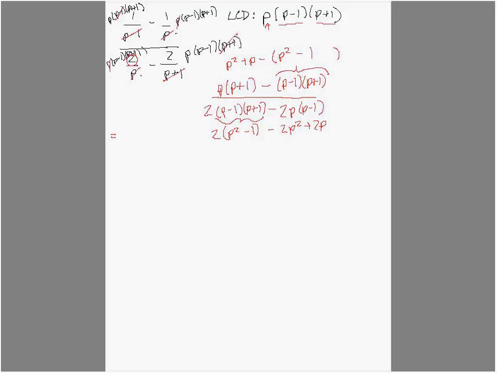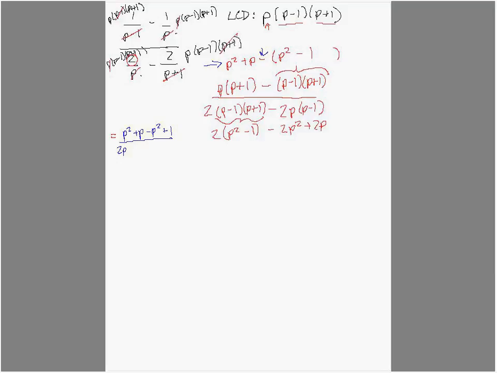Let me change colors again. Now I'm going to simplify what we had up here on the numerator. So I'm just going to distribute that. Then p squared plus p minus p squared plus 1. I'm distributing this negative right here. And down on the bottom, thank you, Cassie, for bringing up that 2.